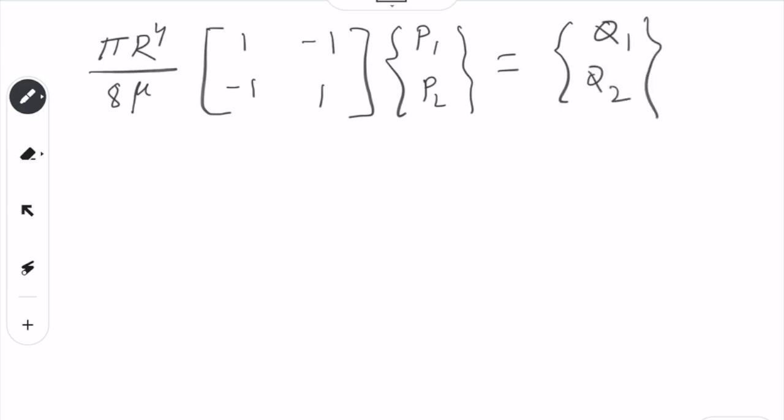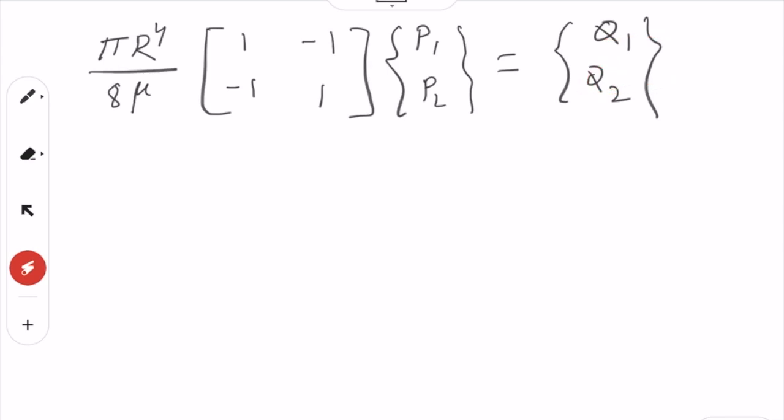A similar kind of thing we got for heat transfer also, right? We had some constant, then [1 -1; -1 1], then T1 T2, now you have P1 P2. Here also you had Q1 Q2. That was heat flow, this is a fluid flow.